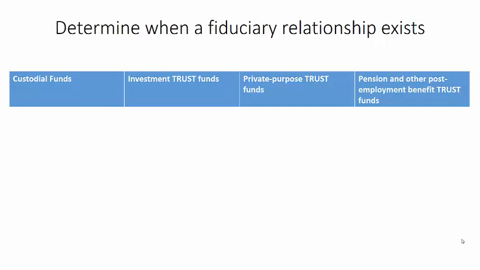Again, the key word here is fiduciary. All right, so basically what we're talking about is when the government has been given custody and oversight duties of assets that are for the benefit of others, other governments other than the current government that we're dealing with, individuals, and organizations.